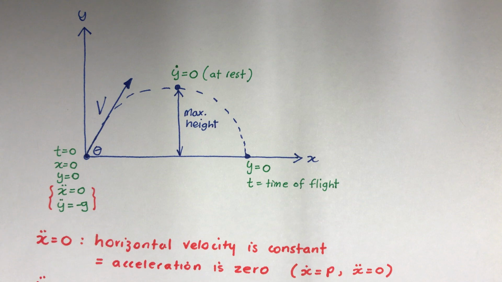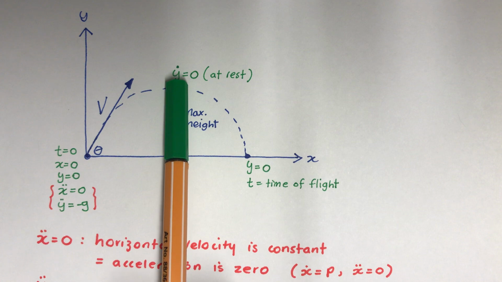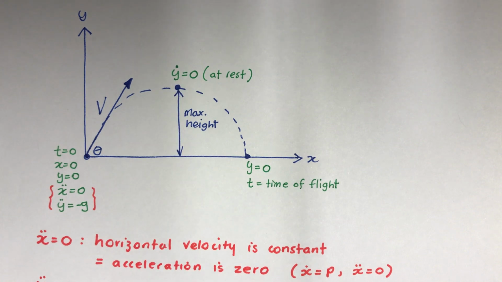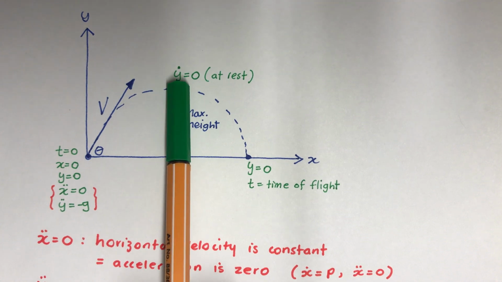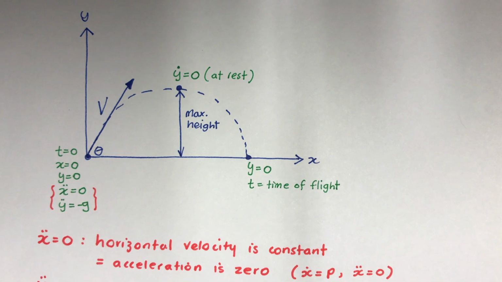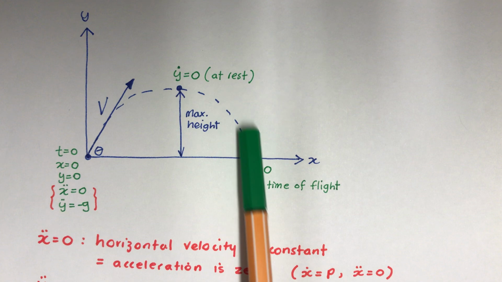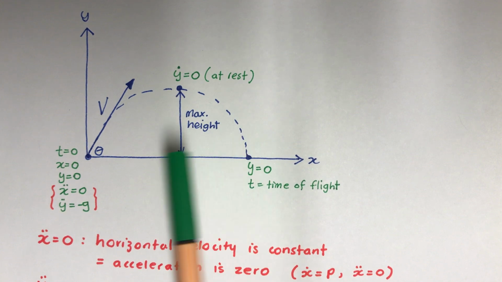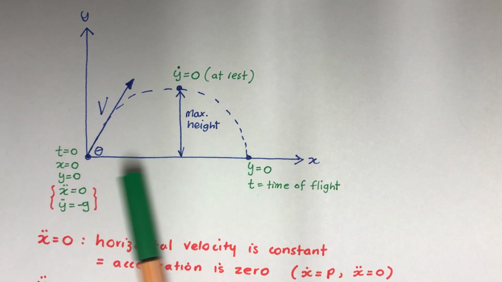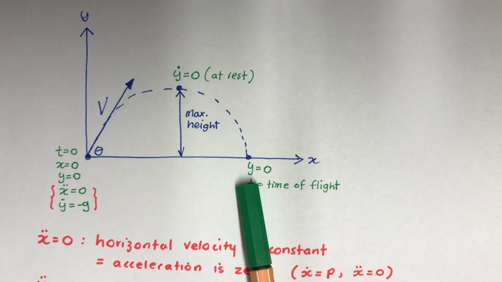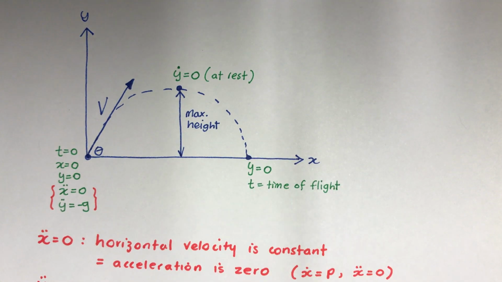The middle is the maximum height, where the vertical velocity is 0 because it's at rest, and that will give us the maximum height. Then it goes back down, and here it finishes the whole journey. Between here and here is where the particle is up in the air, and that gives you the time of flight.